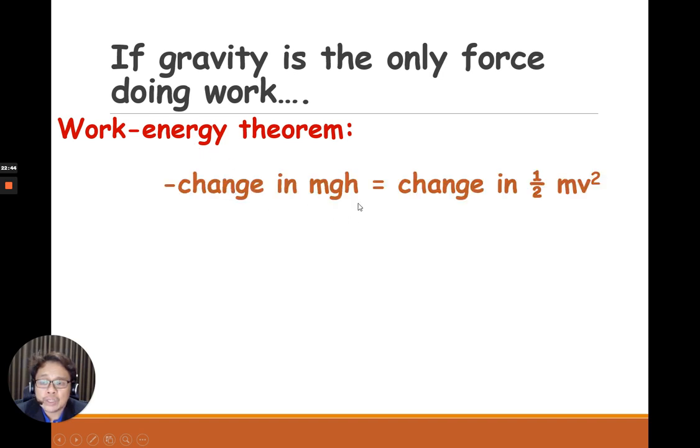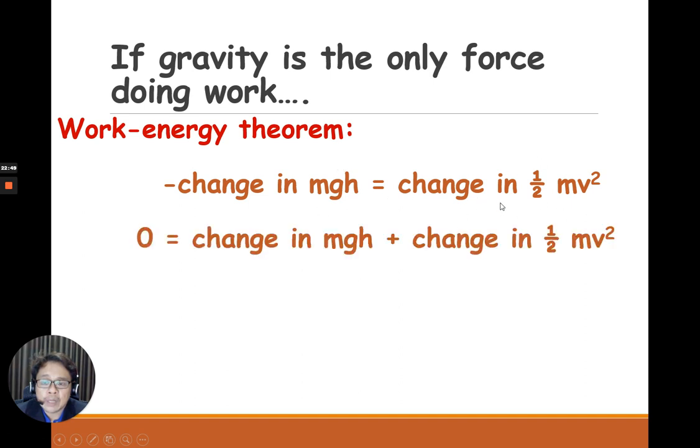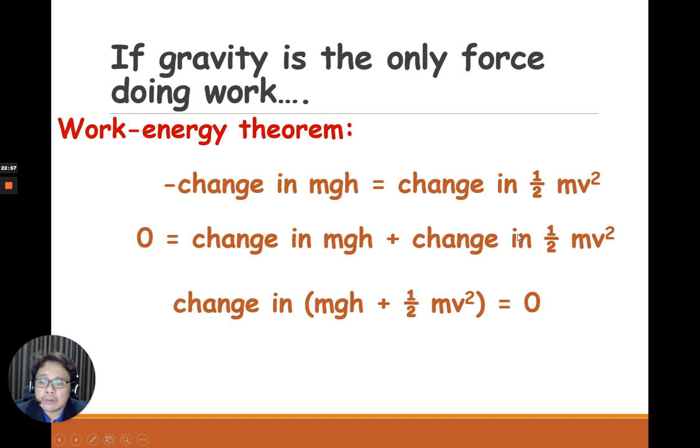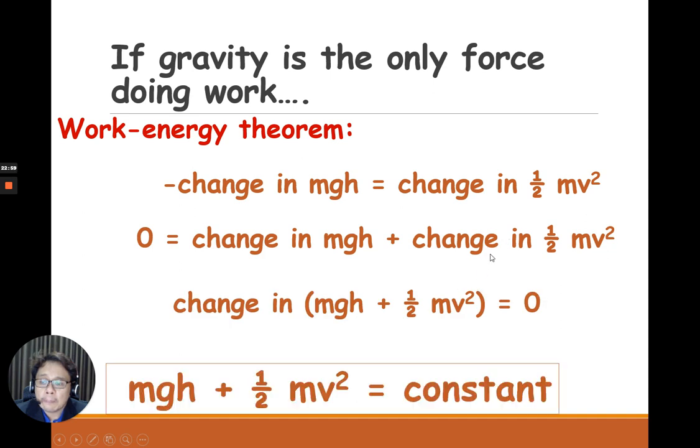So negative change in potential energy is equal to change in 1 half mv squared. This becomes 0, right? So you have 0 is equal to change in mgh, magiging 0 ito. So mgh plus 1 half mv squared is equal to a constant.